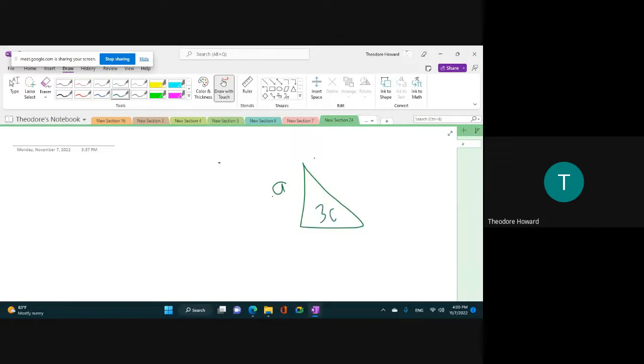What do you guys know about the 30-60 triangle?